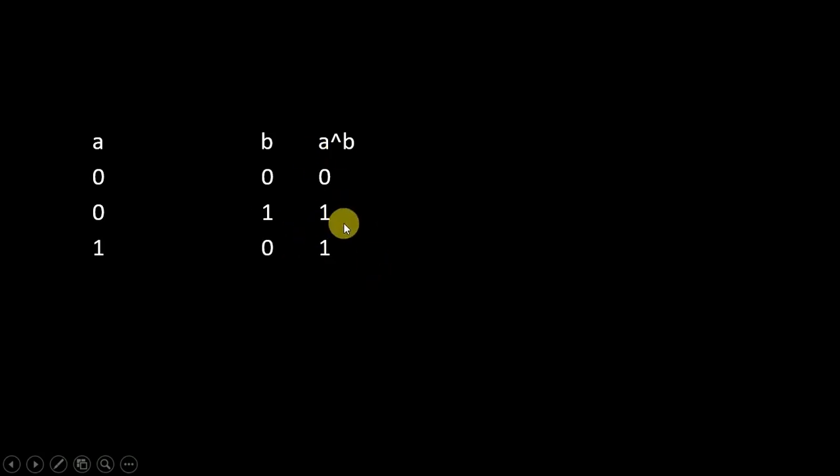Here we have a equal to 1 and b equal to 0, so it returns 1. And in the last, if a equal to 1 and b equal to 1, then also it returns 1. So the main function is, if at least one of them has 1, then it will automatically return 1. Because if you see the first, none of them has 1, so it has automatically returned 0.